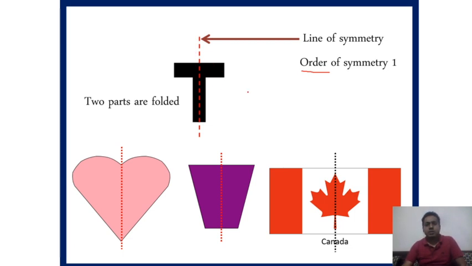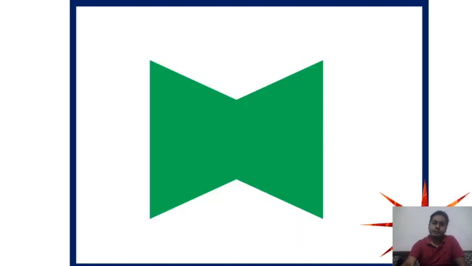There is no other way to divide this figure into two similar shapes. Only along this line is the shape divided into two similar shapes.